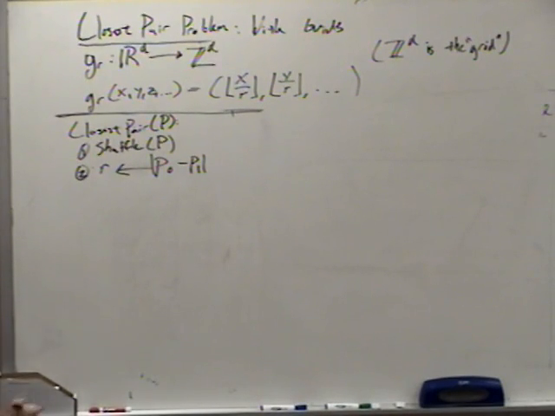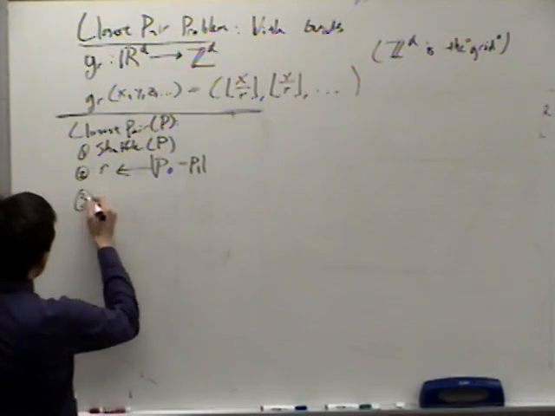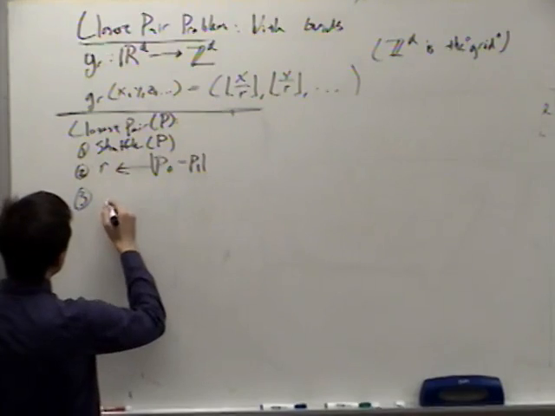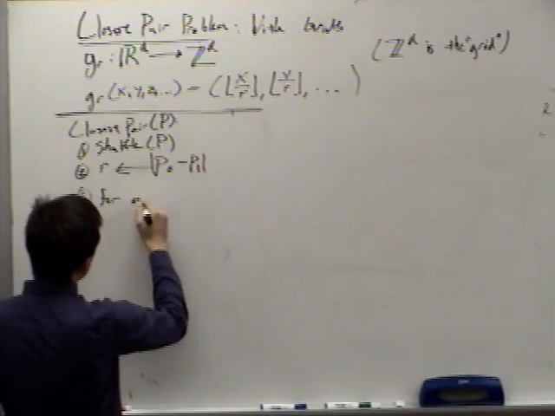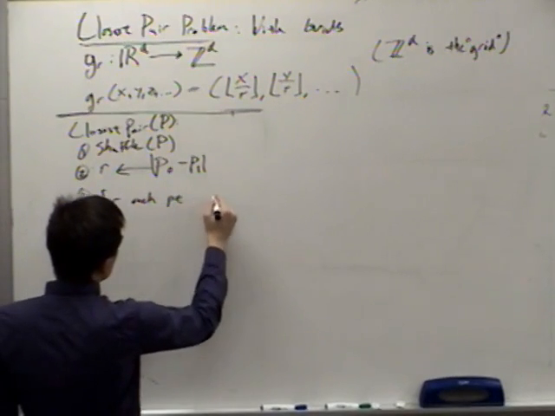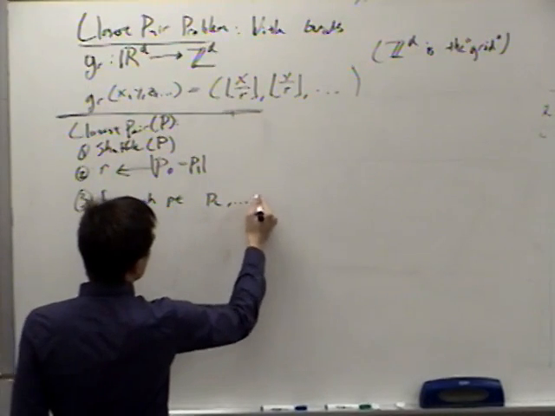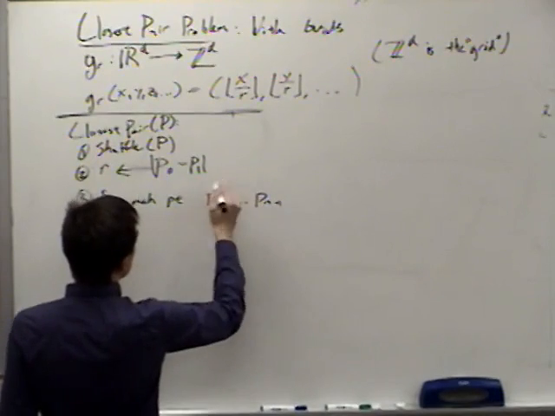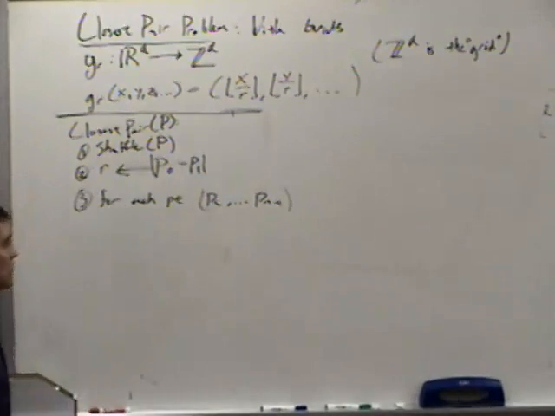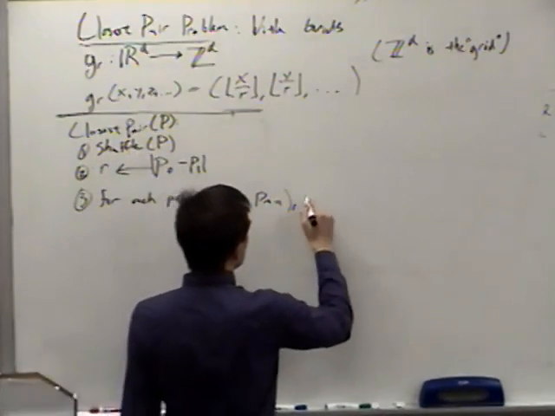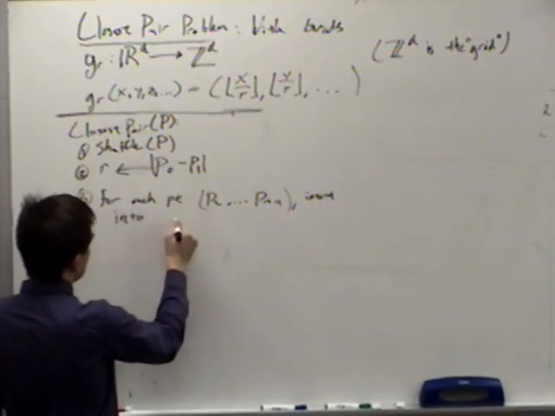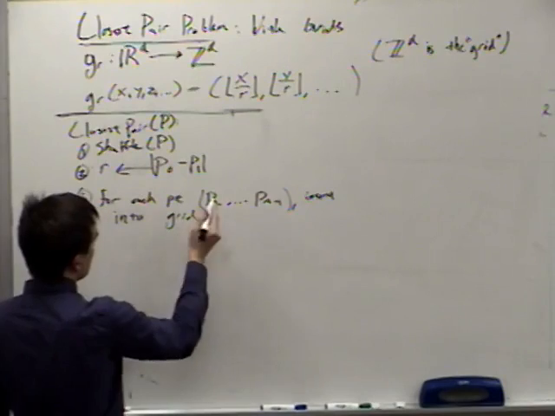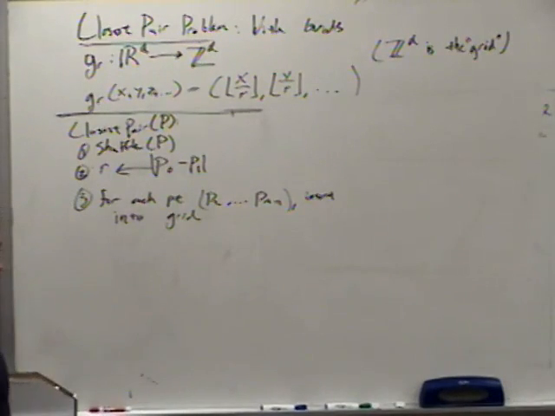Now, for each point p2 all the way up to pn minus 1, for the next set of points, insert into a grid. So we're going to start inserting them into the grid.